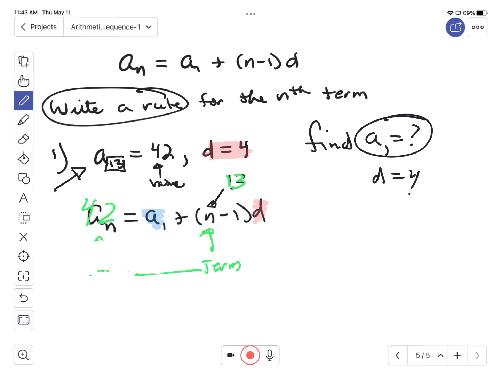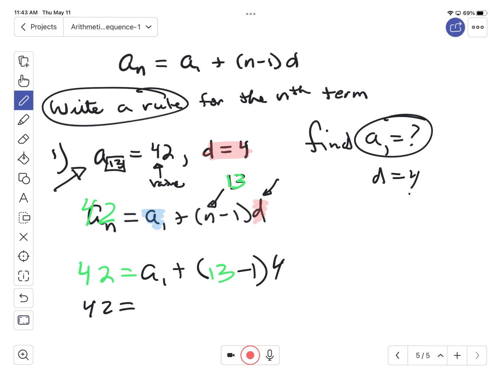So we can plug in that information. 42 is the value of the 13th term, and we know the common difference is 4. So then we've got an equation with one variable. 13 minus 1 is 12. 12 times 4 is 48.